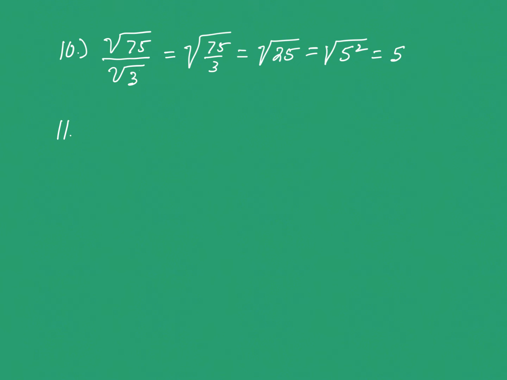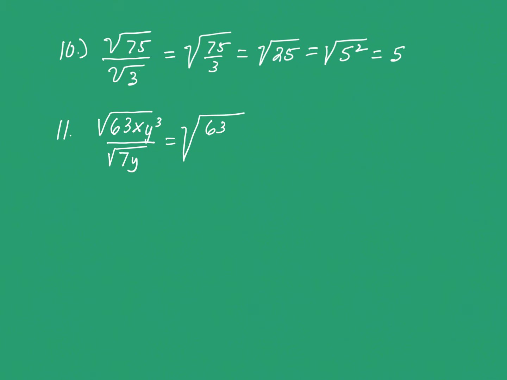Number 11, we have the square root of 63xy to the 3rd, divided by the square root of 7y. So we have the same index.